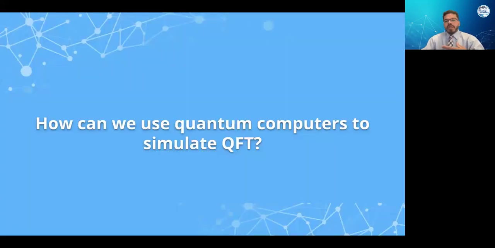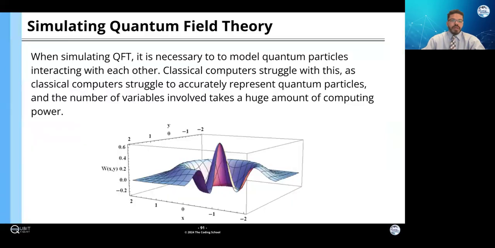And so how can we use quantum computers to simulate QFT? Well, we have to model these interactions of quantum particles with each other, right? As we saw in our high energy physics application, simulating QFT is something classical computers are going to struggle with. It's going to take a lot of variables and a lot of computing power.